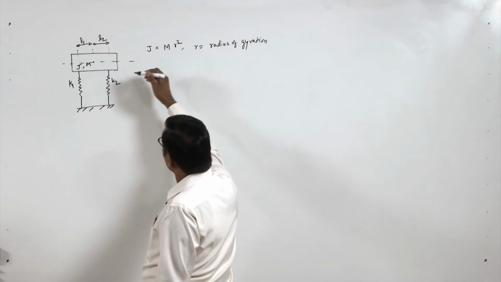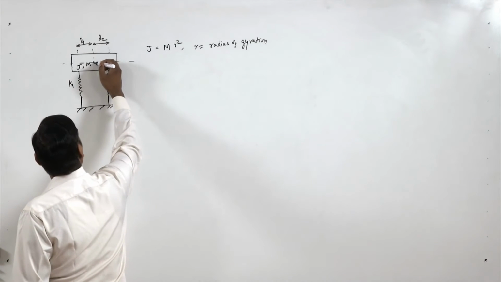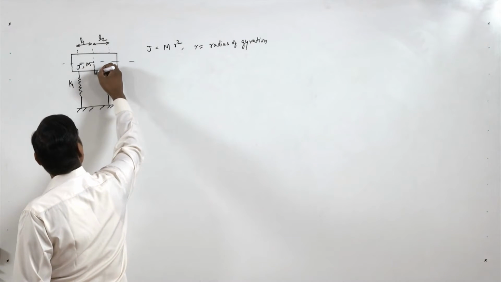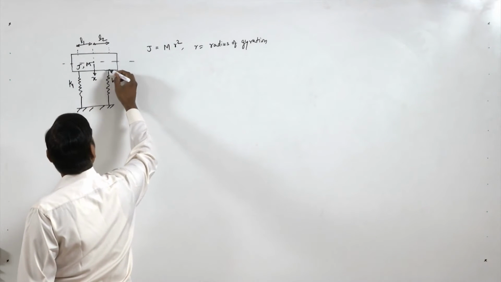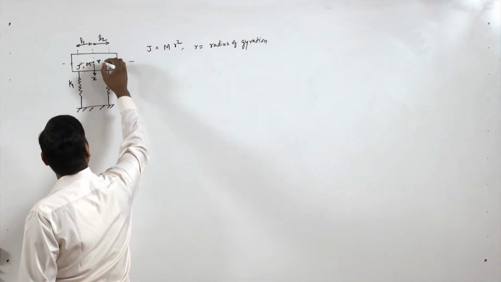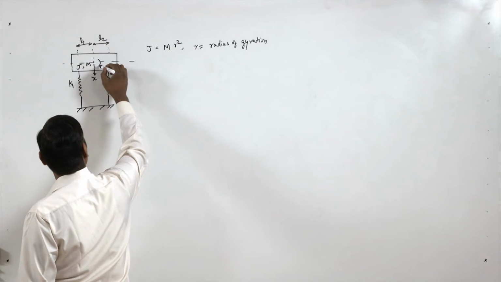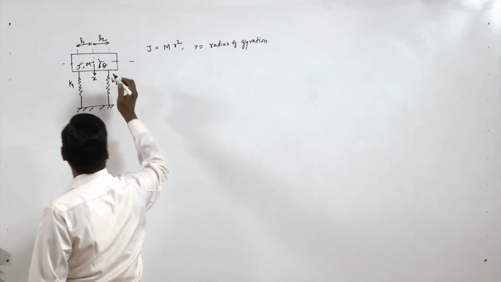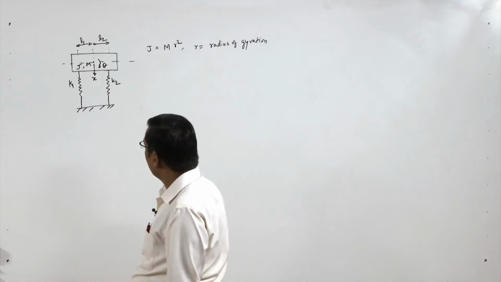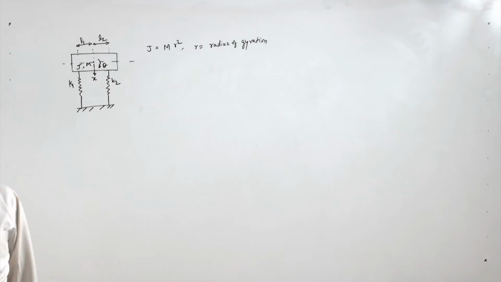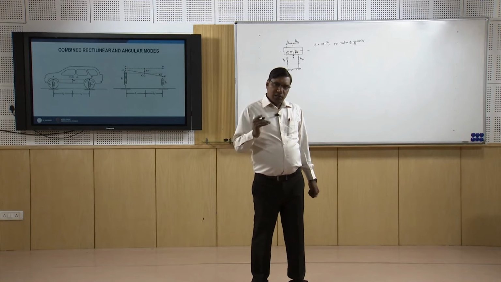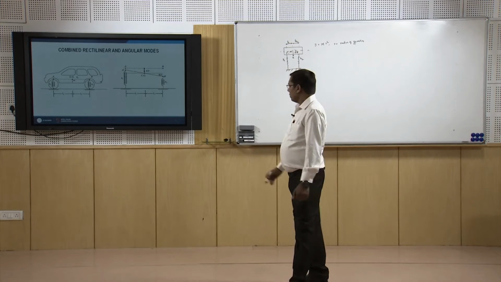Now, this has 2 degrees of freedom, one is in this direction x and the other is the rotation theta. So there are 2 degrees of freedom, one linear or translational, the other angular or rotational.